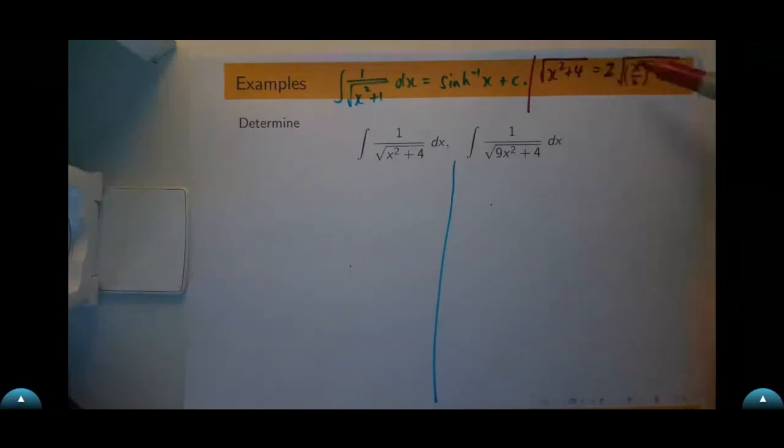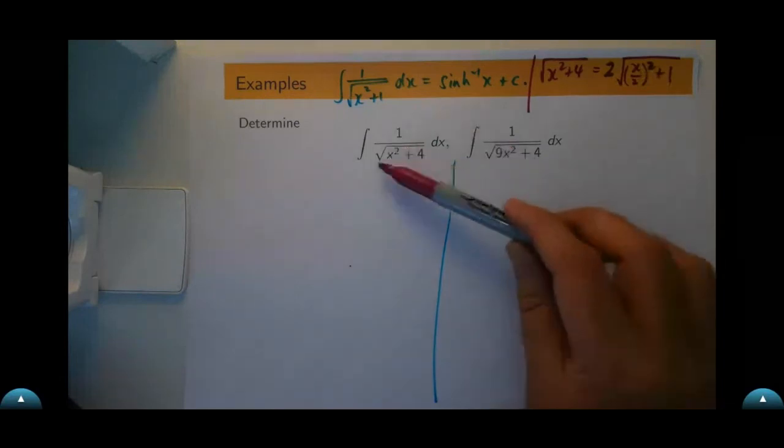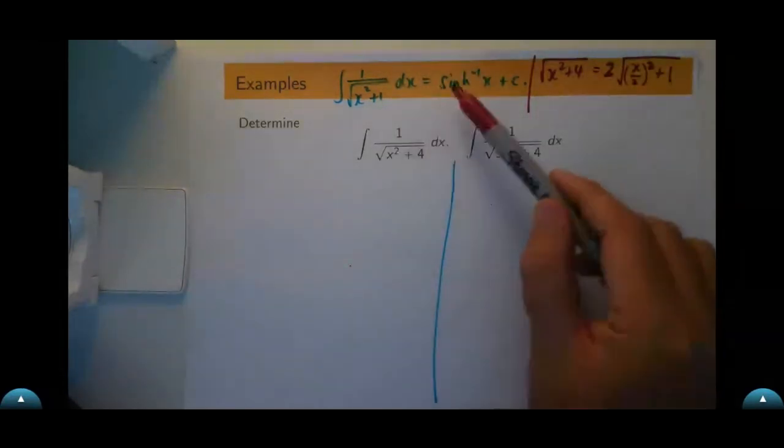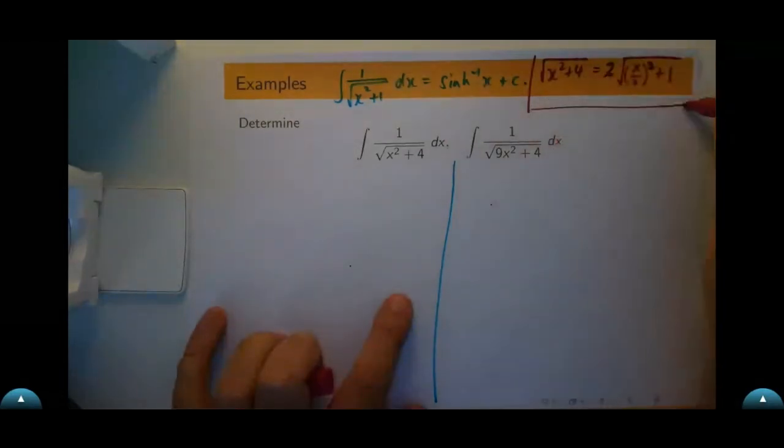So this and this are actually the same format. Now, hopefully you can see this and this, the bottom anyway, is the same. And I will be able to integrate this using inverse hyperbolic sine. Okay, so how do we do it? Well, we can use a substitution.